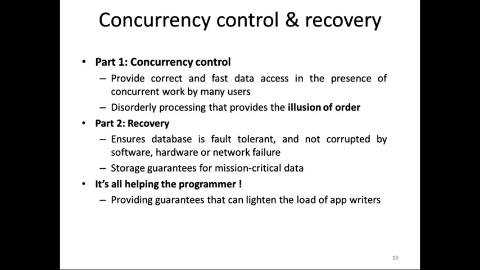So regarding concurrency control, the main goal, the role of the system, will be to provide correct and fast data access in the presence of concurrent work by many users. And we will see that this will be done by disorderly processing of operations, disorderly with respect to time, and yet providing the illusion of order. We'll immediately clarify what this means.